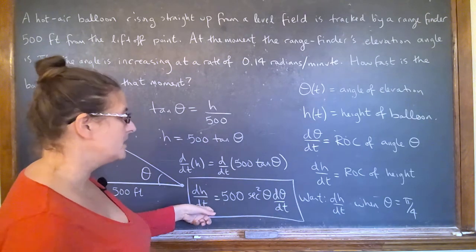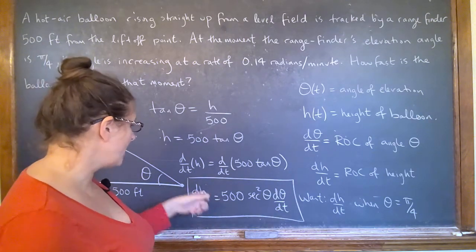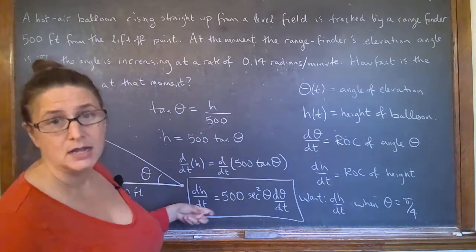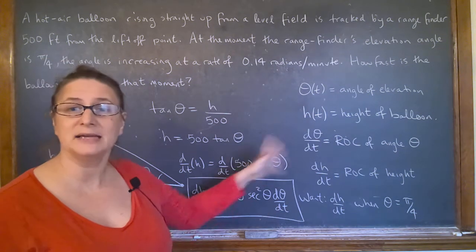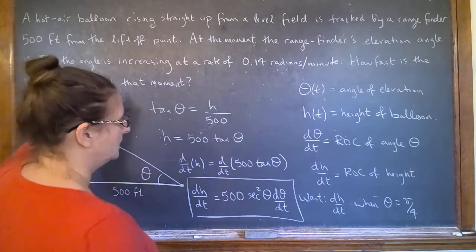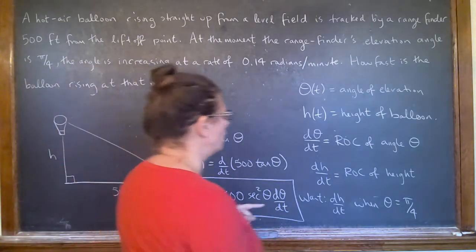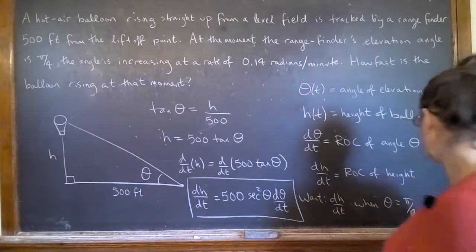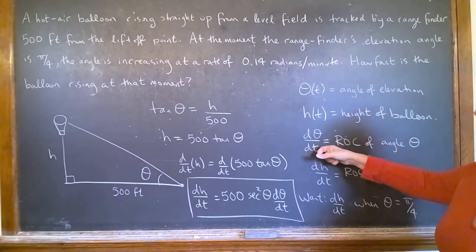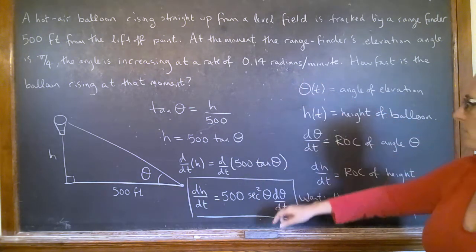but that helps me solve the problem. I now have solved for what dh dt is in terms of other information, and they gave me that information in the problem, right? It's up here. So they told me that when theta was pi over 4, d theta dt was 0.14.